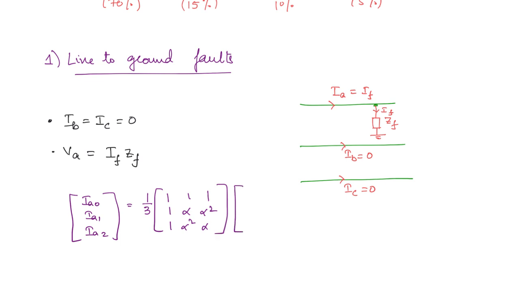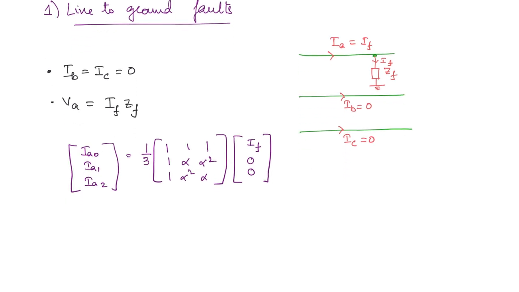So what will be the phase A current? It is going to be the fault current. IB and IC will become 0. Right. So from here you can find out each of the symmetrical currents. What is IA0? This is IF by 3, and IA1 is also IF by 3, IA2 is also IF by 3. So this means that all of the sequence currents are equal.